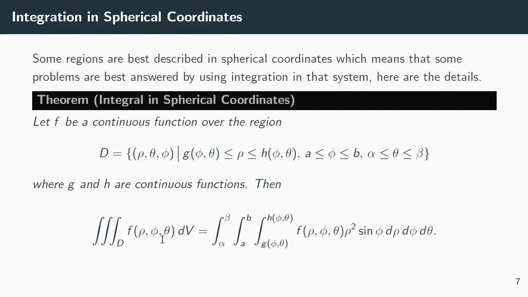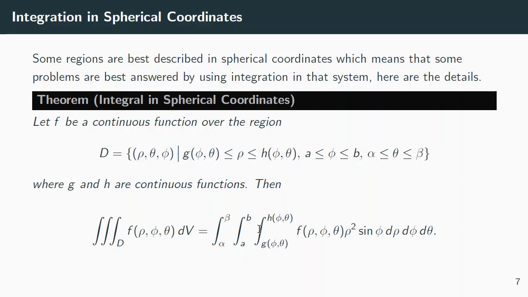This is the function. And then you have to take the region and specify it using spherical coordinates. The regions we're going to choose to specify using spherical coordinates will generally have a fixed range for phi and a fixed range for theta, and then rho is going to be bounded between some function on the inside and a function on the outside in terms of phi and theta.